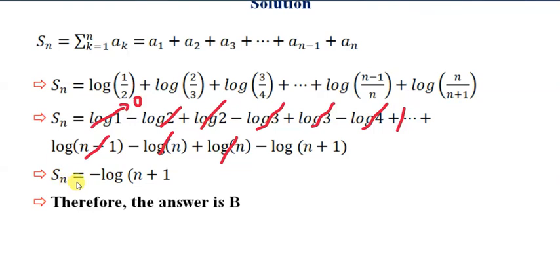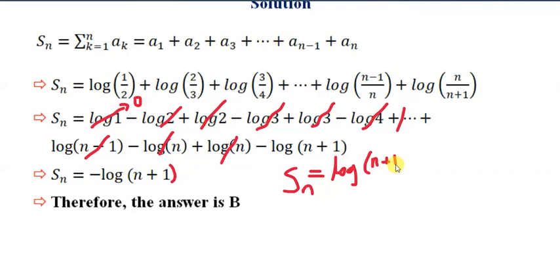Therefore Sn, the sum of the first n terms, is equal to minus logarithm of, in brackets, n plus 1. That is, minus logarithm of n plus 1. This can also be written as follows by the rule of logarithm. Without using the negative, we can write Sn equal to logarithm of n plus 1, raised to the power of minus 1.